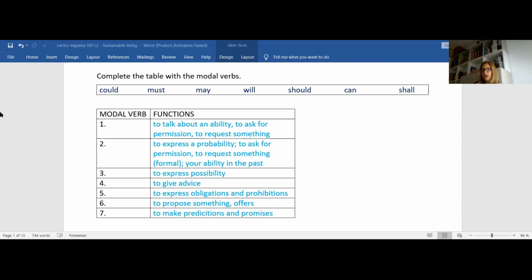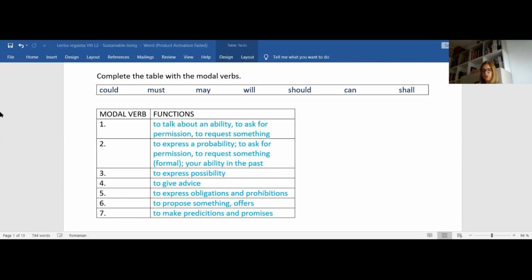Which modal verb are you going to choose to express a probability, to ask for permission, to request something formally, or to talk about your ability in the past? Which modal verb is suitable to express possibility? Which modal verb is suitable to give some sort of advice?